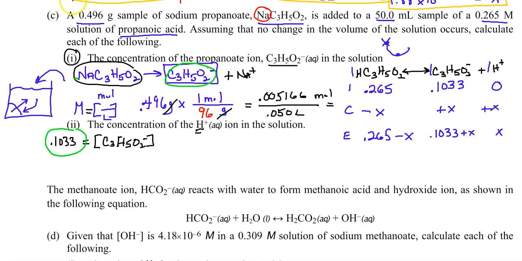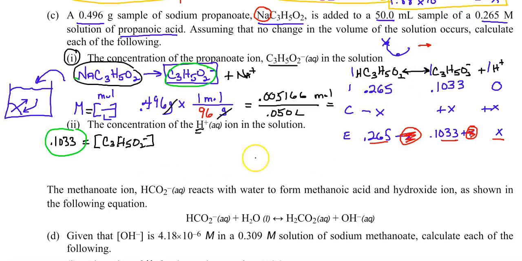And of course, as we've talked about, we can approximate away these x's because compared to these numbers, these x's are tiny. If you were to do that, you need a quadratic, if not more, and it would not change your answer. So we get them away. Now we don't get rid of this x, that's a small value that we want to answer, but these numbers are so much bigger because this reaction barely goes forward. It's got a low Ka.